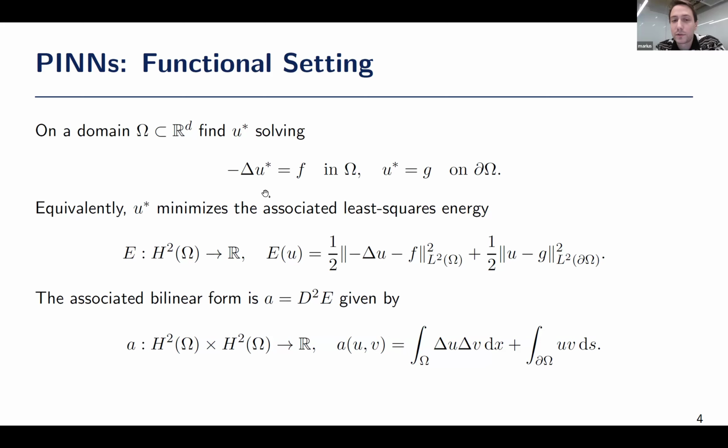Keep in mind that we're not only interested in Poisson's equation; you can replace the Laplace operator by virtually any linear PDE operator here. Likewise on the boundary, you could replace this by a boundary operator when, say, you're interested in a Neumann type or Robin type boundary condition. So this is really to be understood as a placeholder for general linear PDEs.